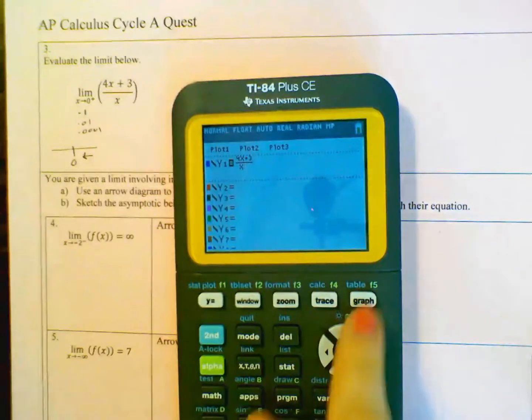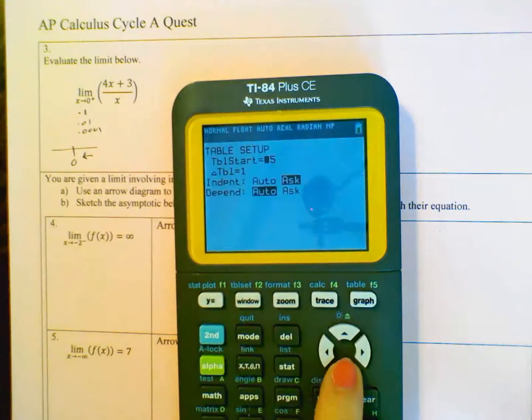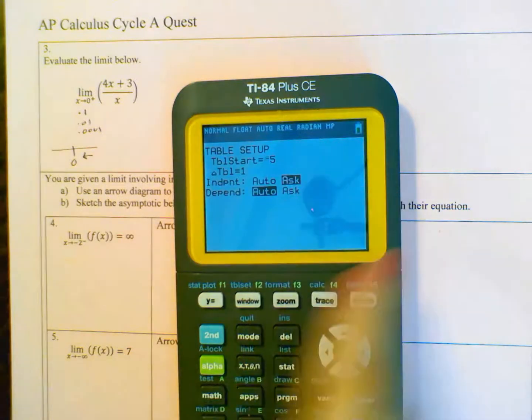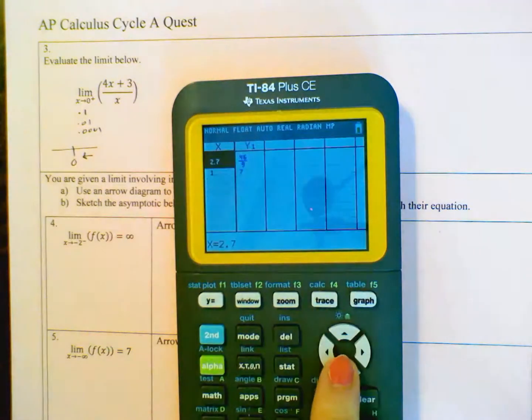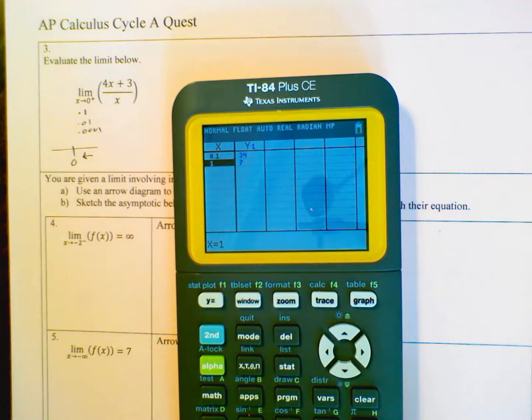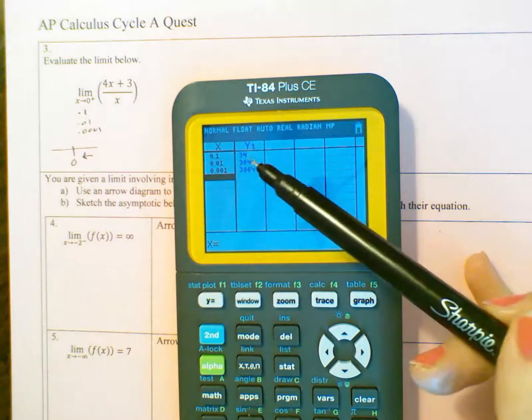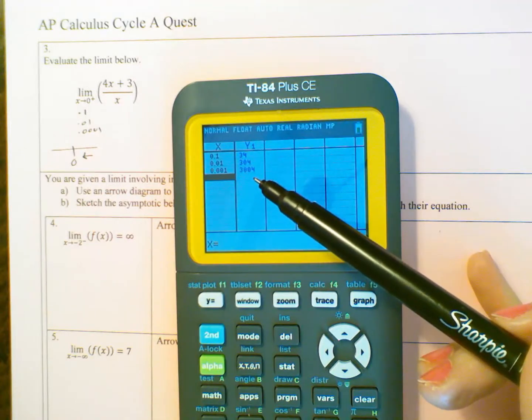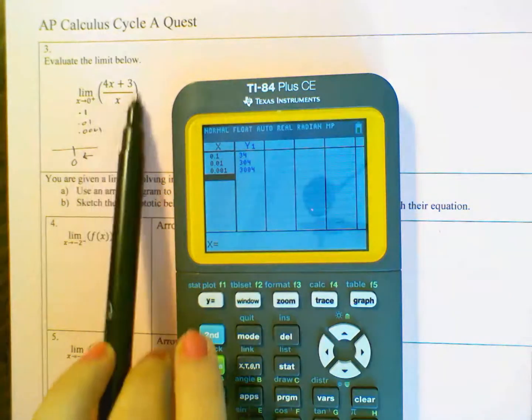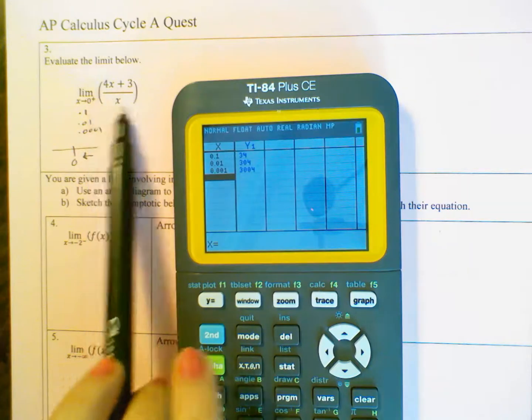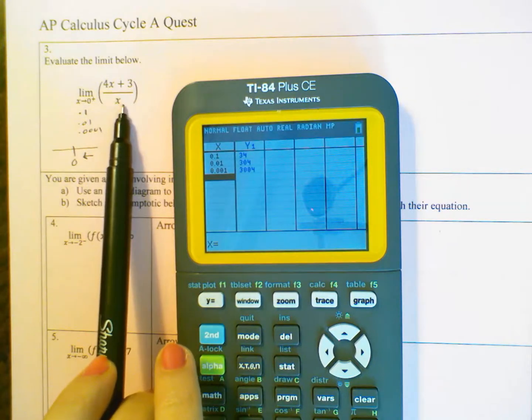And then I'm going to go to the table. I'm going to make sure my table is on ask so that I can plug in the numbers I want. And I'll plug in 0.1, 0.01, 0.001. And see how big it's jumping, guys? The closer I get to 0 from the right, the bigger this function is getting.